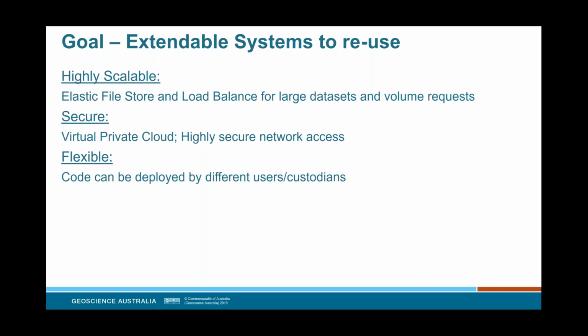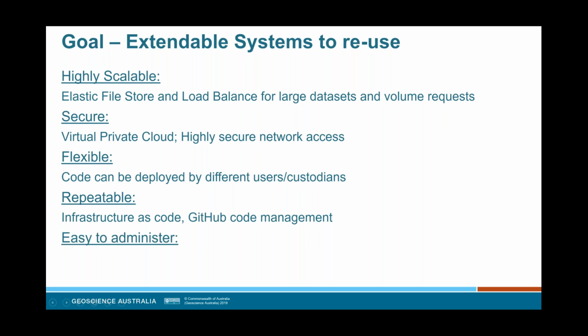This is a part of which the discrete global grid's definitely playing a role in. And we want it to be repeatable. And as we deploy the codes within these various bit buckets and pipelines, obviously we hope that will become more easy to administer.